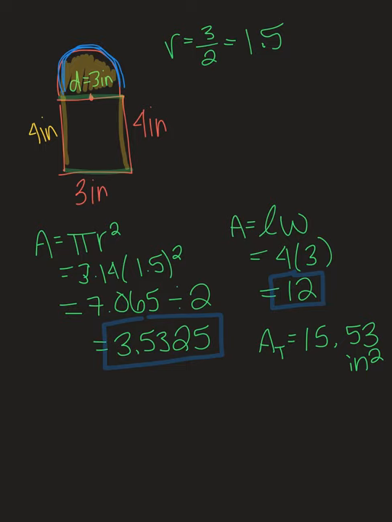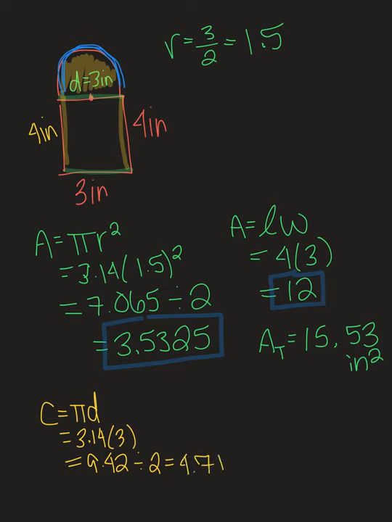Okay, so circumference is pi d. So you can do 3.14 times 3. And you get 9.42. And divide it in half because it is a semicircle. So 4.71.